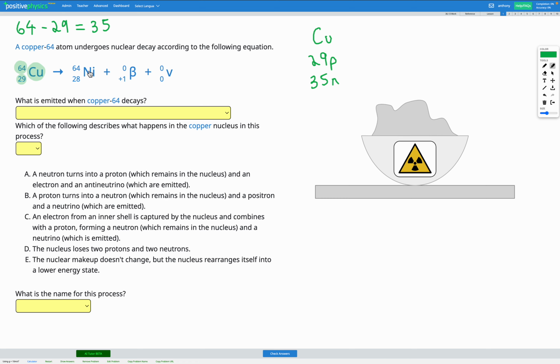Then on the other side of our equation, we have nickel with an atomic number 28 and a mass number 64. So atomic number 28 means we have 28 protons, and a mass number 64 means we have 64 minus 28, which is 36 neutrons.